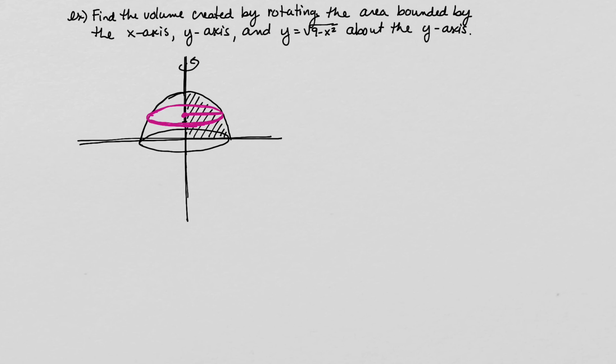Remember, this goes up here to 3 because, like I said, y equals square root of 9 minus x squared is a circle of radius 3, right?